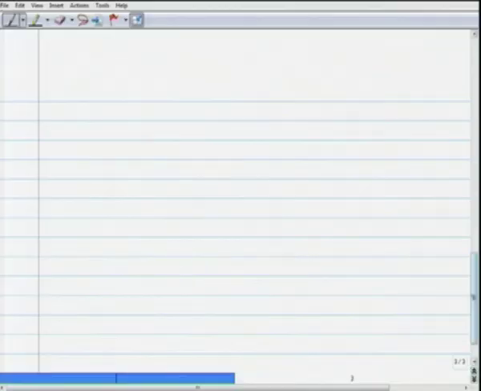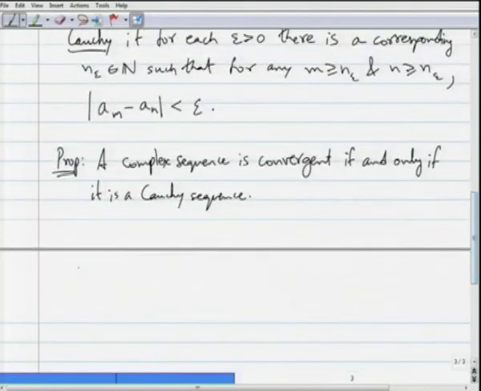Like you know from real analysis, we then proceed to define complex series. So, consider a complex sequence.